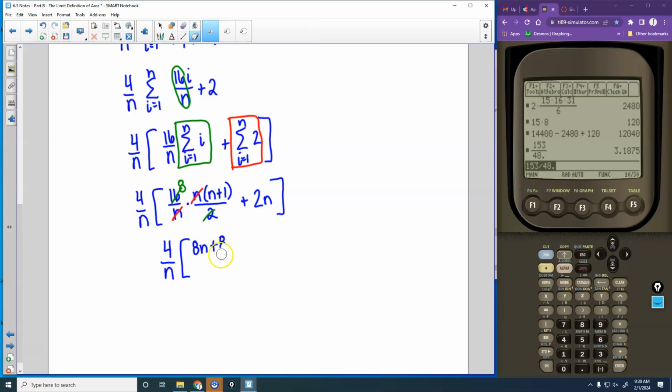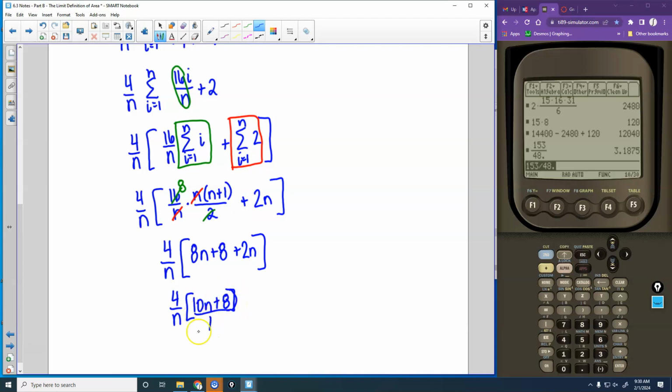Actually, the denominator canceled, so let's write that big. 8n plus 8 plus 2n. So 4 over n times 10n plus 8, which is all over 1. If I want to distribute there, that would be 40n plus 32 over n.